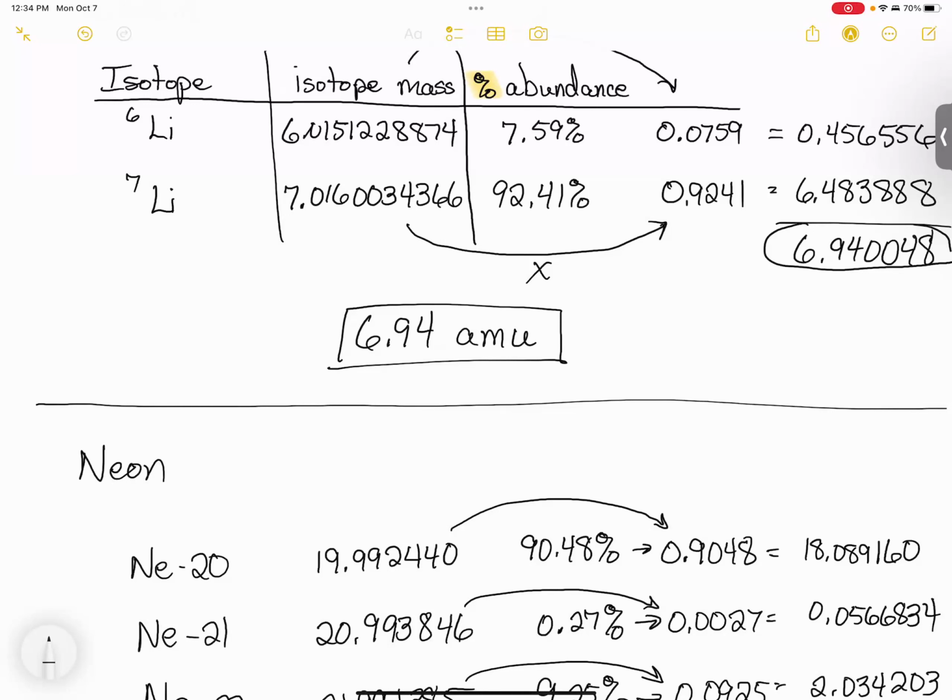So the first two problems were only to illustrate where the isotope mass comes from: the protons, neutrons, and electrons, which we had already talked about. What you have to be prepared to do on the test is determine the average atomic mass given the isotope mass and the percent abundance for all of the isotopes in an element.